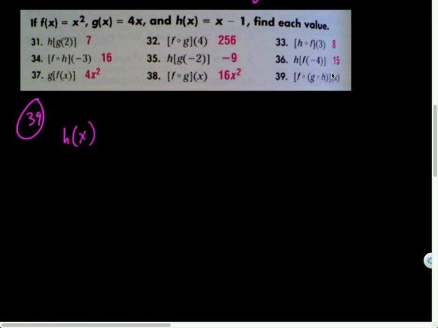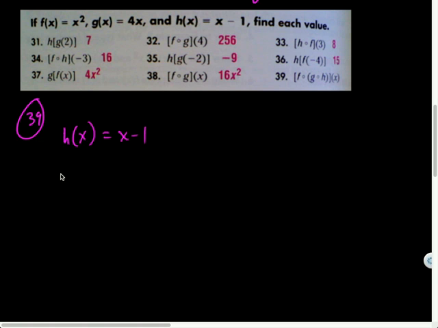So f of g of h of x would have been like, I talked about yesterday, like the TV, VCR, DVD player, all of those things mashed together, or we're literally taking the h function and pushing it into the g function, right? And then taking that and cramming that all into the f function. It's going to be crazy. So h of x is x minus 1.